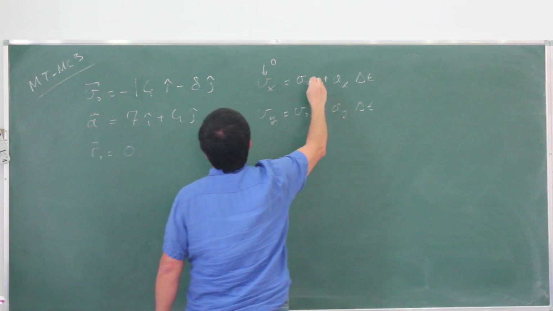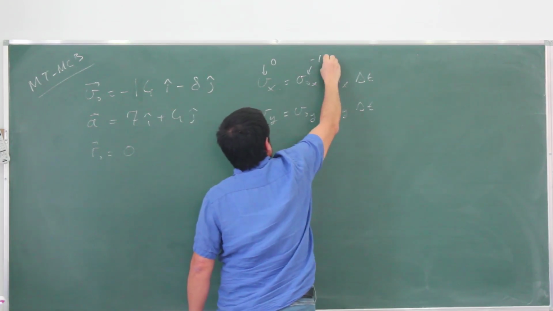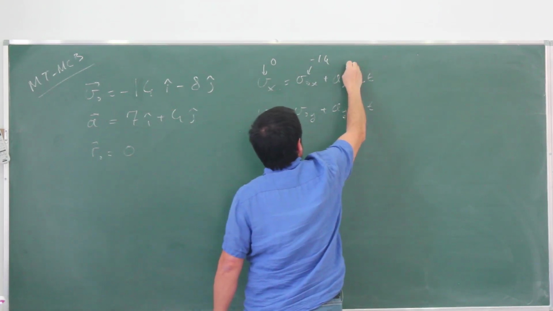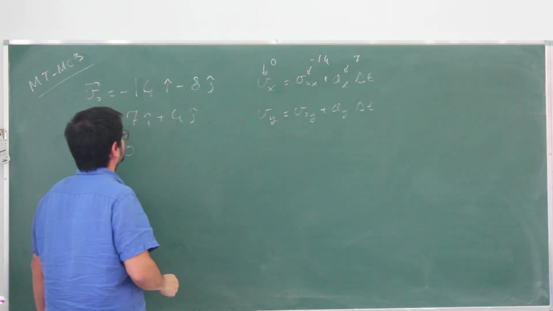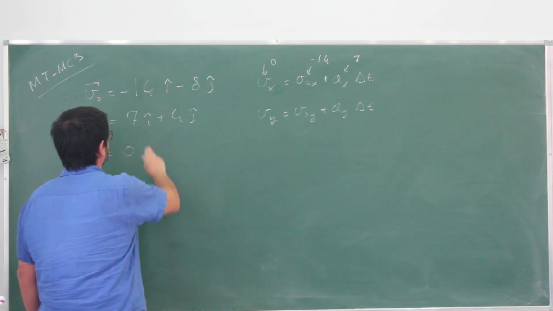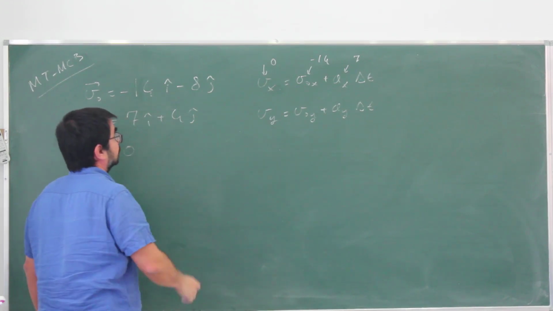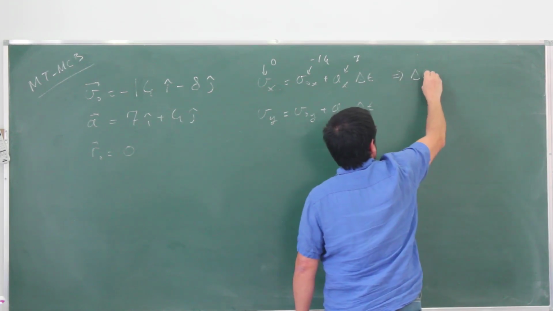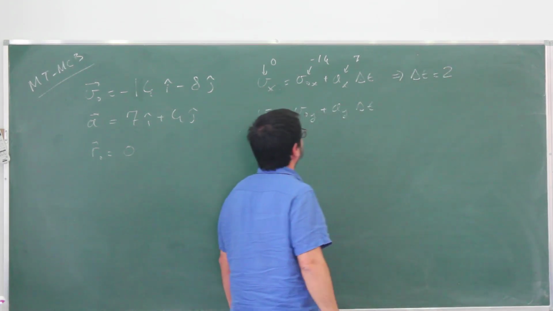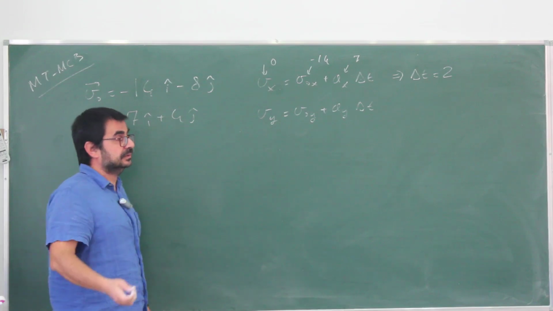This one is minus 14, and ax is 7. So this is negative velocity, this is positive acceleration. Yes, at some point it's going to come to 0, but from here we find delta t is just 2 seconds. Okay? And when these cancel, delta t is equal to 2.